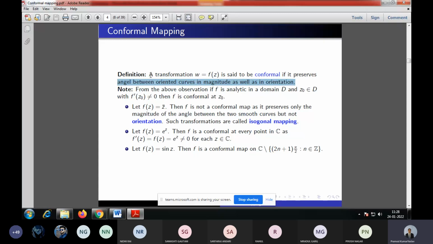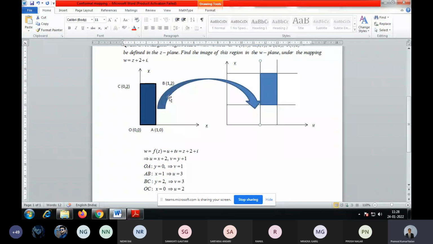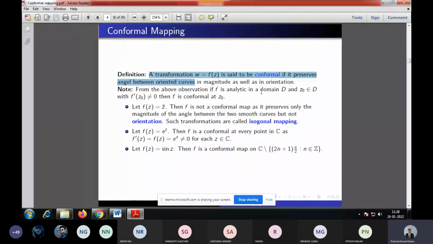A transformation W equal to f(z) is said to be conformal if it preserves the angle between oriented curves. Oriented curves mean OA, AB, BC, OC, in magnitude as well as in orientation, in the sense of direction. When this situation happens, that kind of transformation is known as conformal.